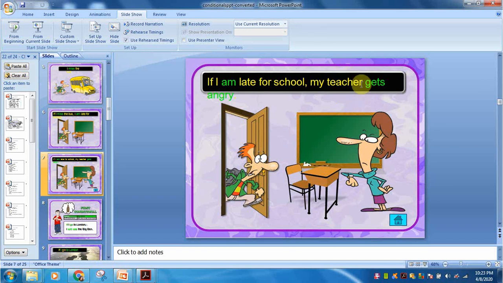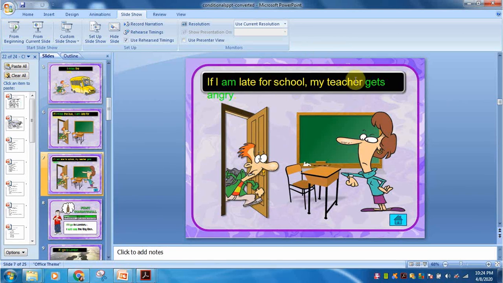Here is one more thing it is good for you to understand: the if clause is the dependent clause and the other clause is the main clause. We can write the sentence in two ways. Either we can bring the if clause in the beginning, or we can bring it in the last.